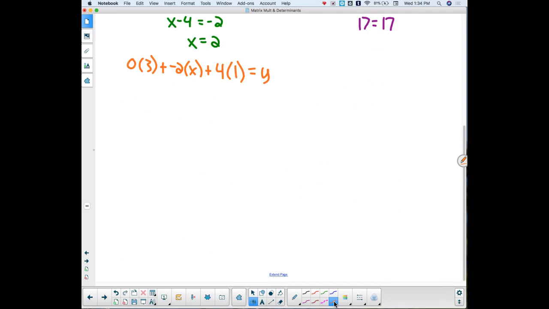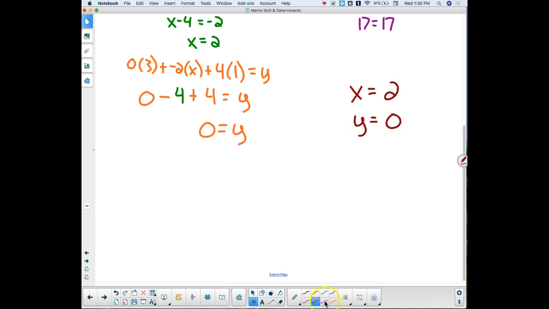Well, we already know that x is 2, so that's going to be 0 minus 4 plus 4 equals y. So 0 is y. So if x is 2, y is then 0. Okay.